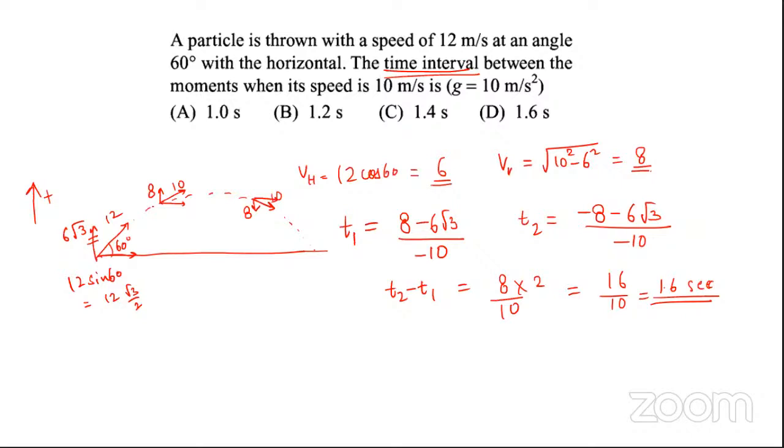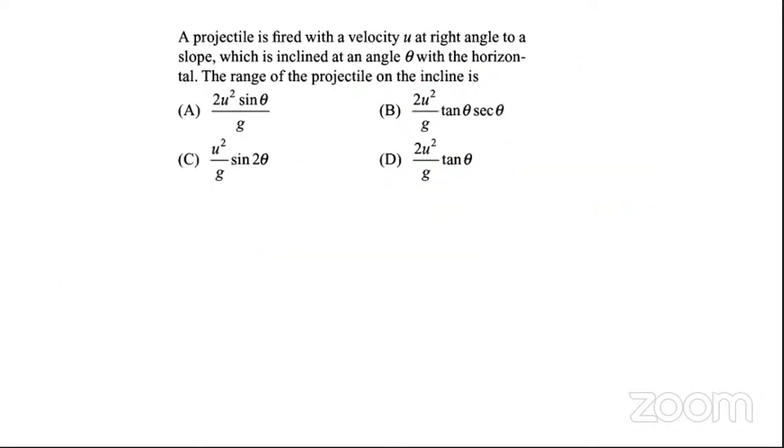Alright. The next question. A projectile is fired with a velocity u at right angle to a slope. That means a projectile started from the slope. And the slope is inclined at an angle theta with the horizontal. Now you have to find the range of the projectile on that incline in terms of u and theta.